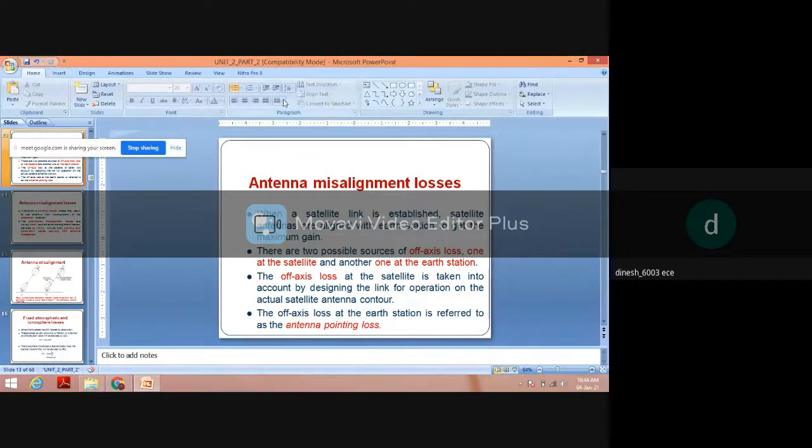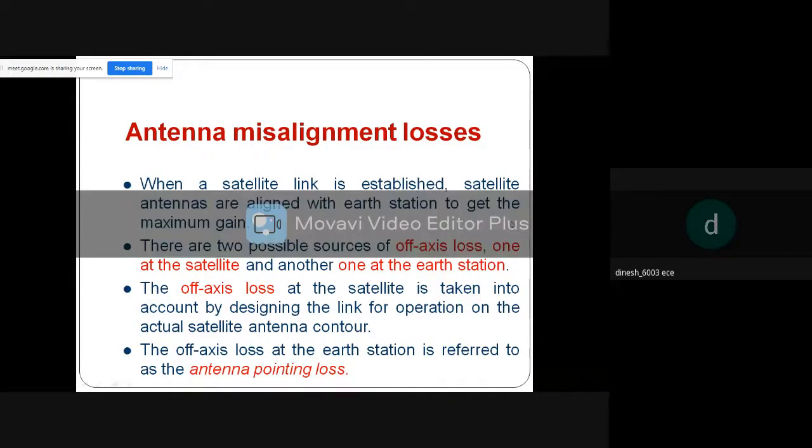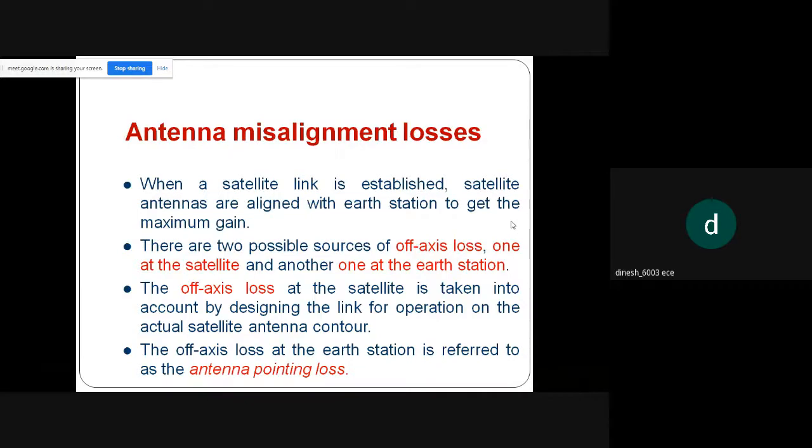So the satellite link which is established should focus towards each other, both at the satellite as well as at the earth station. Depending upon the positioning and axis, the losses occur. If they are in a straight line and focus on each other, there will be no misalignment, so the misalignment losses can be avoided.